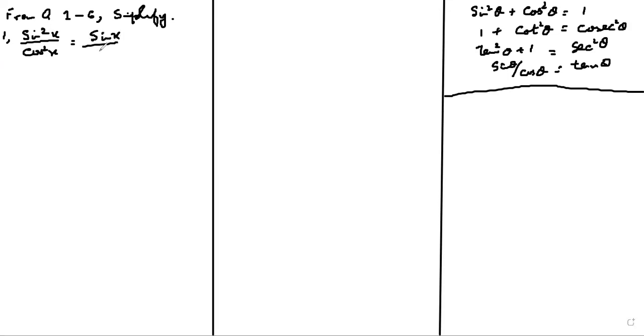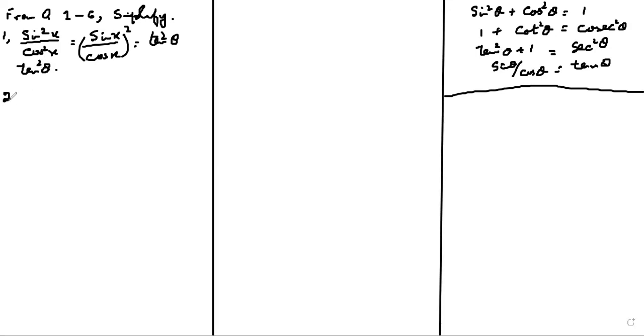We can write it as sine x over cosine x, squared. We know that sine x over cosine x is equal to tangent x, so the answer is tangent square x. This is the simplified form.